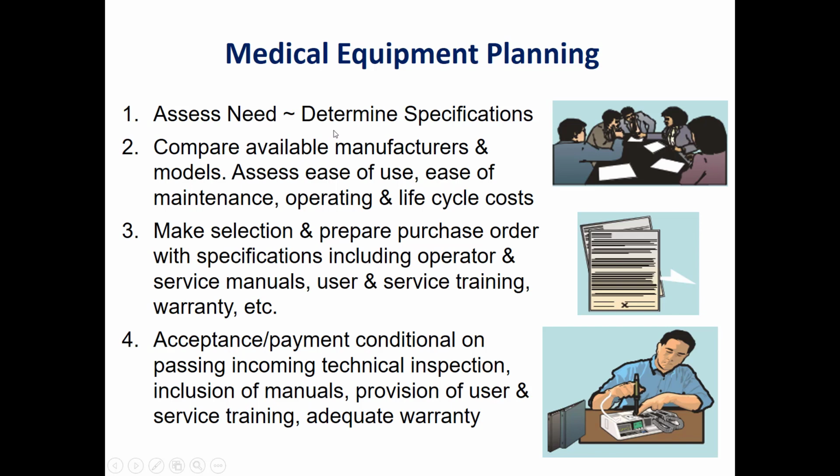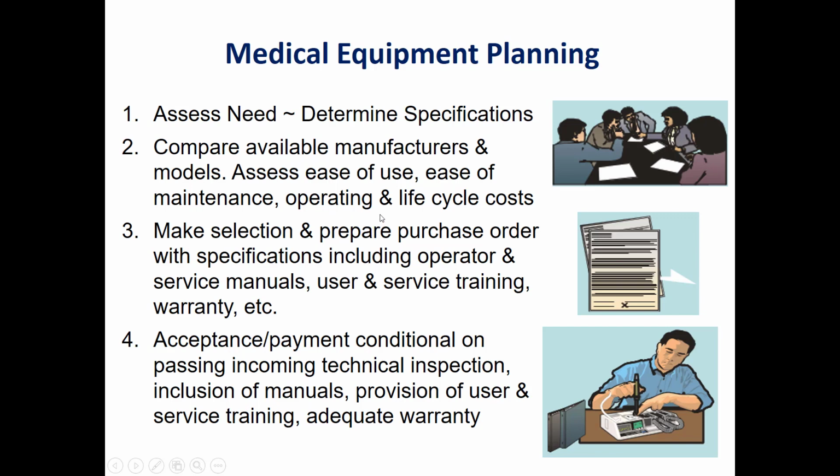We should determine the required specification and write a specification, send a request to the manufacturers or their vendors, receive offers from these manufacturers or vendors, and make a comparison and evaluation between them based on ease of use, ease of maintenance, and the operating and life cycle cost.